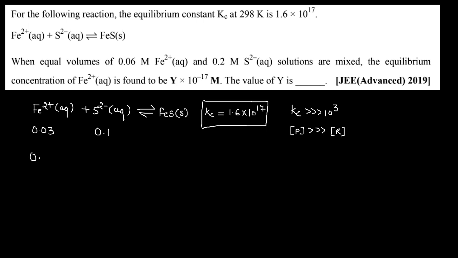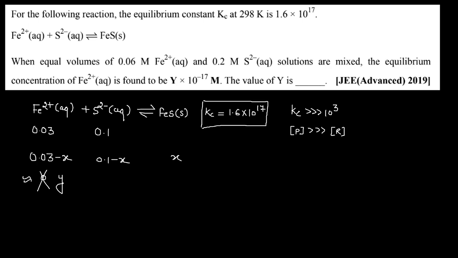So let's take it step by step. If I remove X from Fe2+, the same X will be removed from sulfide ion also, and iron sulfide will be formed as X. Now because X will be nearly about 0.03 because our Kc is very high, I will write this will become nearly zero. But we never write zero, because if we write zero, we will get the infinite answer.